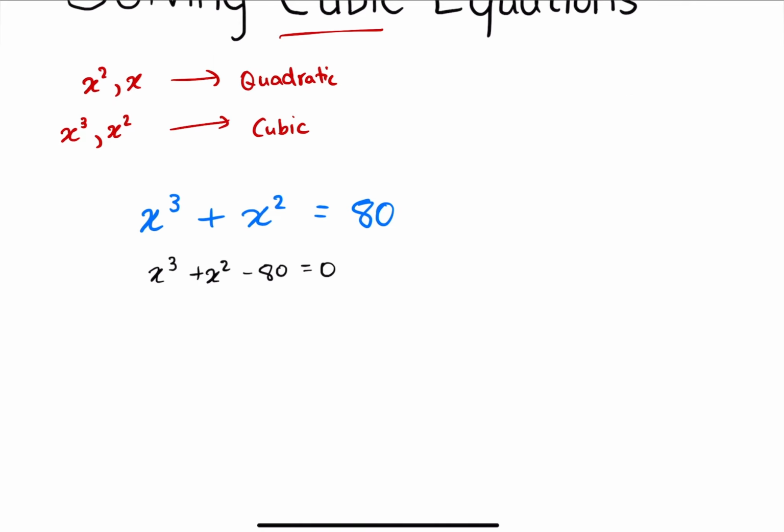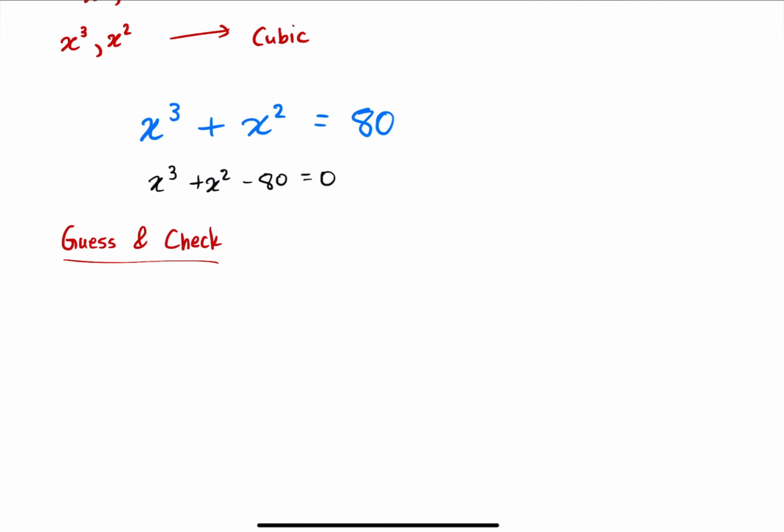Now there are a few methods to solving this equation. First, we have the guess and check method. Over here, we could just guess the values of x. First of all, let's say x equals 1. Then we'd have 1 cubed plus 1 squared minus 80 equals 0, which gives us 1 plus 1 minus 80, which is not equal to 0.